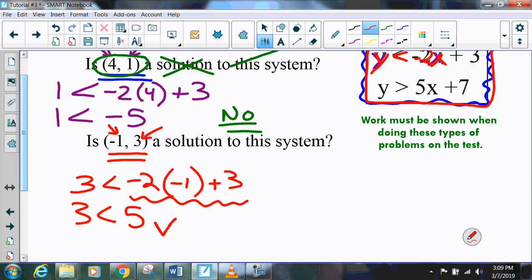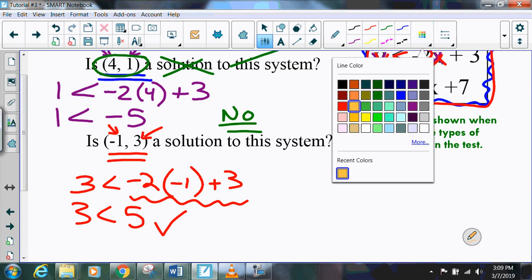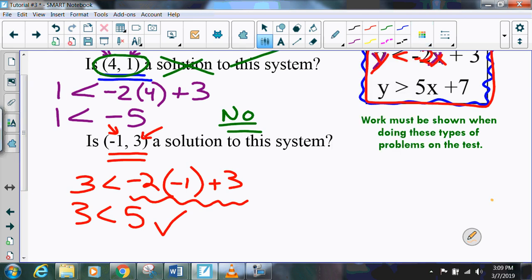Yes. So let's put a check, because we can't say yes totally to this question. It works for the first inequality, so let's see if it works for the second one. Let's switch up colors, let's do orange. Let's see if (-1, 3) works for the second inequality. I see a y. Instead of writing a y, I'm going to drop my 3 in.